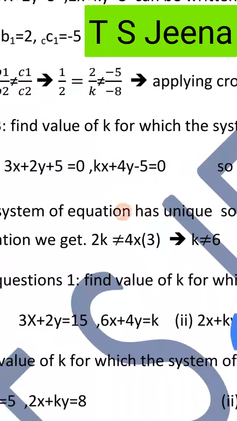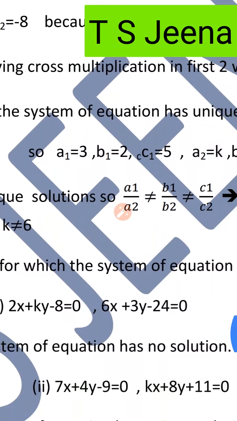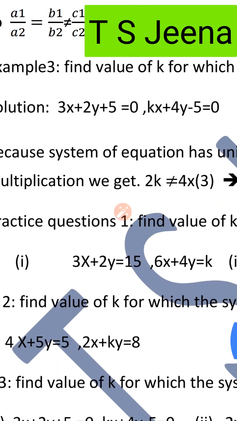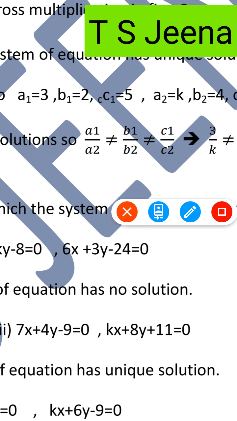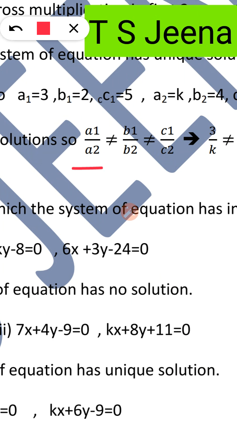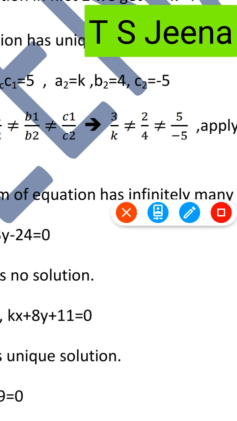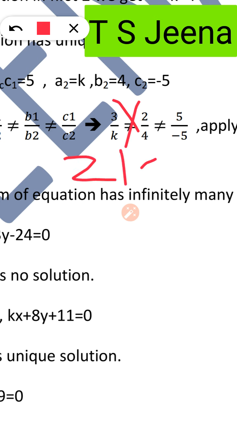And the third part, you have to find out the value of k for which the system has a unique solution. So in these equations, you know that if the system has a unique solution, then the condition is that a1 upon a2 is not equal to b1 upon b2. So substituting all these values in the formula and applying cross multiplication here only, 2k is not equal to 12.